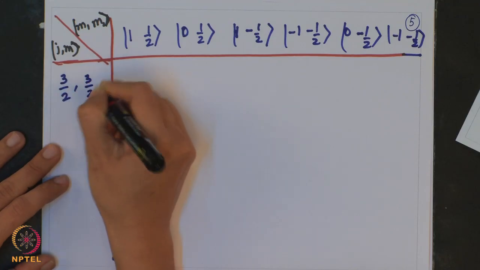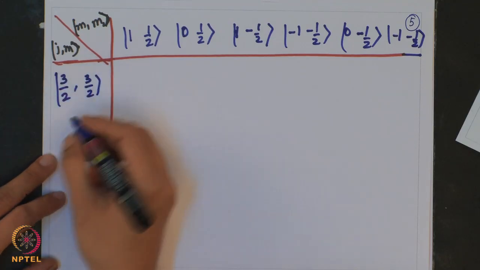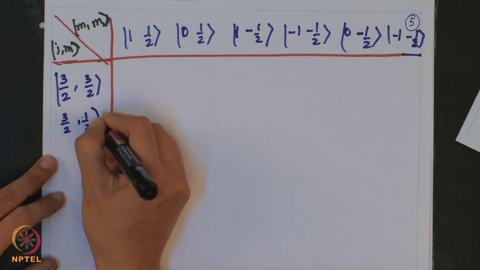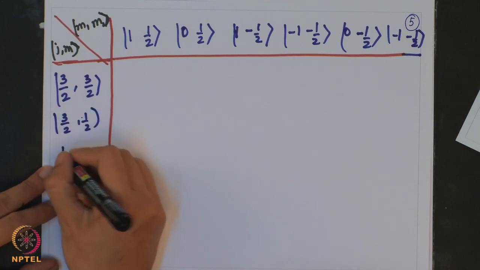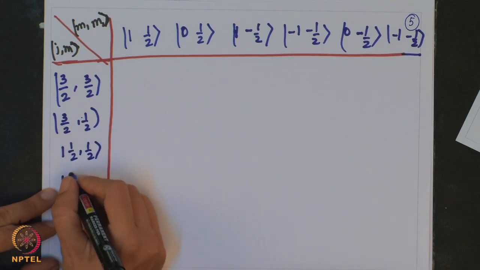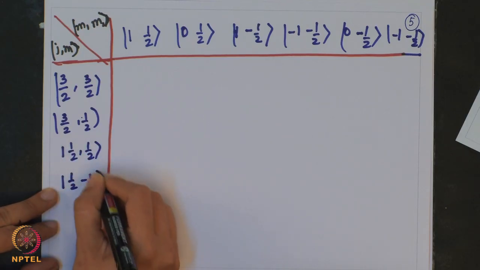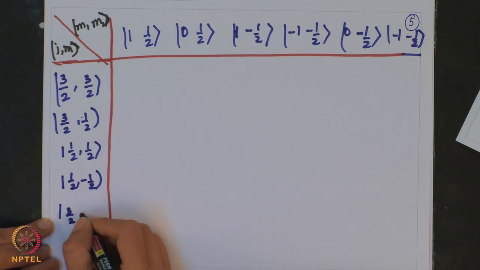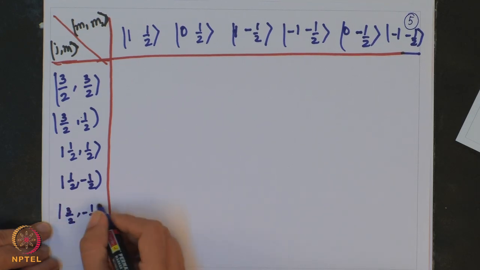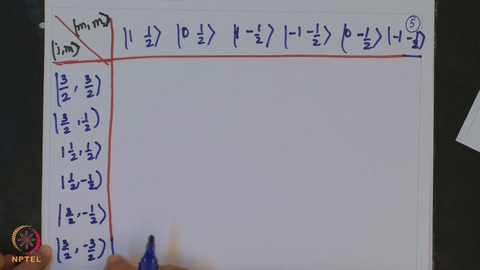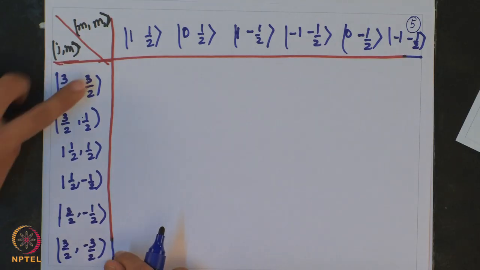So this is 3/2, 3/2, the highest state, then I have 3/2, 1/2, then 1/2, 1/2, then 1/2, -1/2, and then 3/2, -1/2, then 3/2, -3/2. So this is the lowest possible state, and this is the highest possible state.